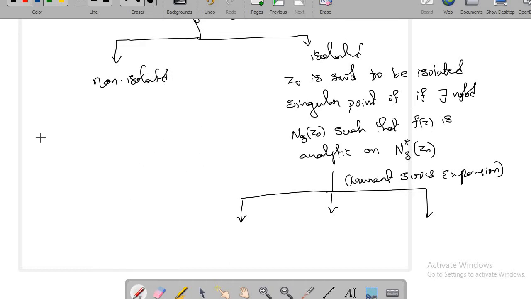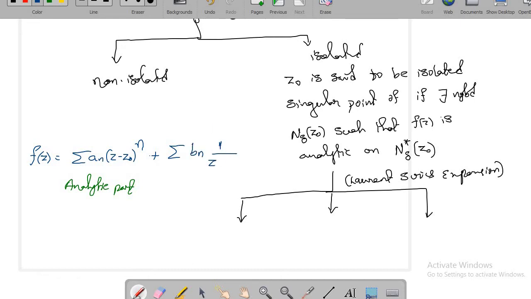So one term is this, that is f of z equal to summation a n into z minus z naught whole power n. We already discussed this part is called the analytic part. Okay, plus we'll have another term, that is summation b n into 1 by z minus z naught whole power n.